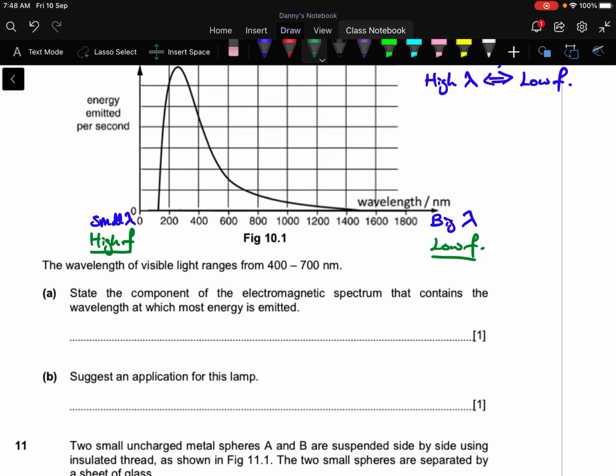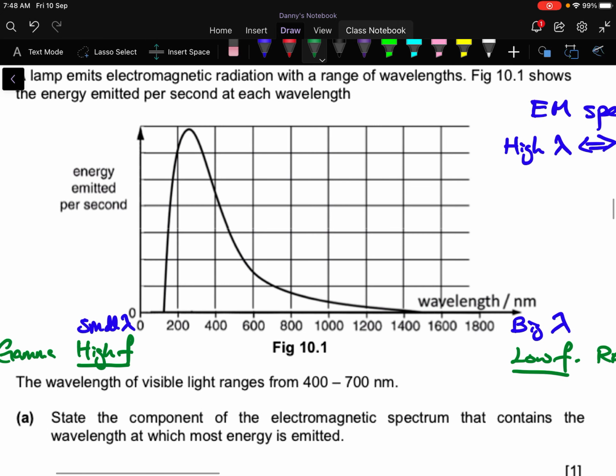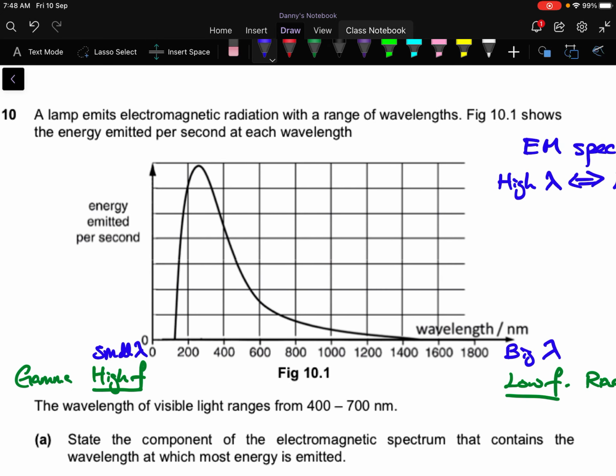I will write in terms of high frequency and low frequency, so that I'm very clear that the gamma is on this side and that my radio wave is on this side. So this is just for me. It is my personal practice to write it down first, so that I don't get confused when I want to apply logical deduction.